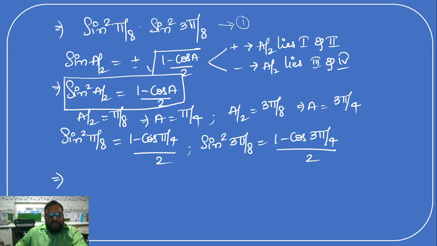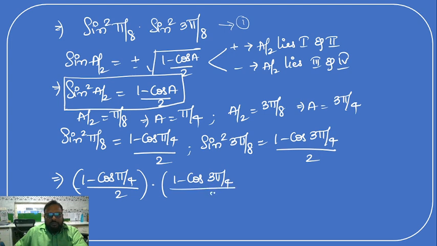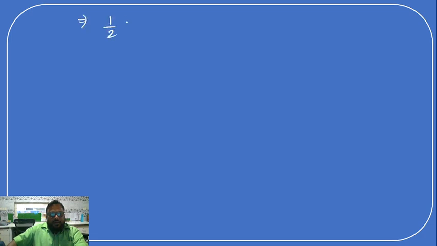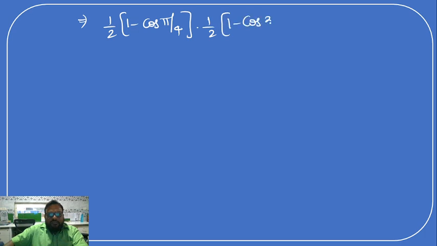In equation 1, in place of sin² π/8 and sin² 3π/8, I write these. So I get (1 − cos π/4)/2 into (1 − cos 3π/4)/2. Taking the 2s outside, this is 1/2 (1 − cos π/4) into 1/2 (1 − cos 3π/4).